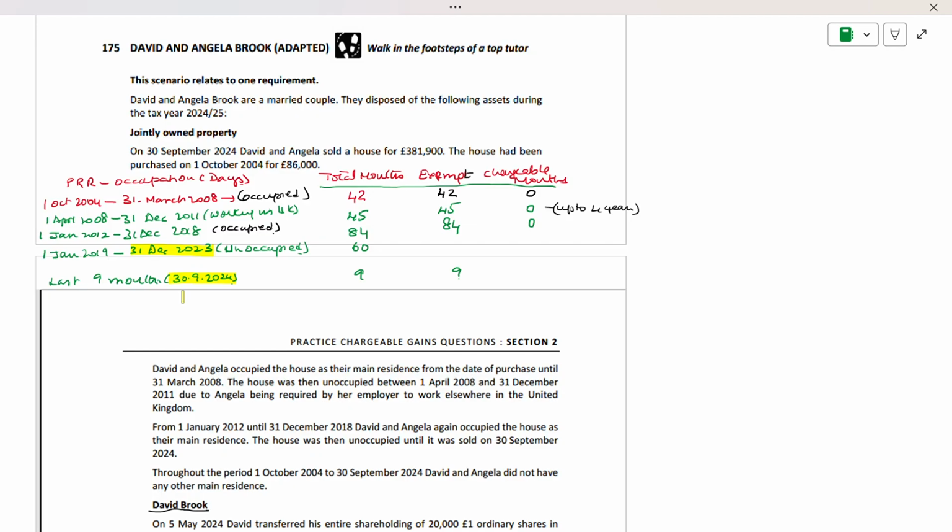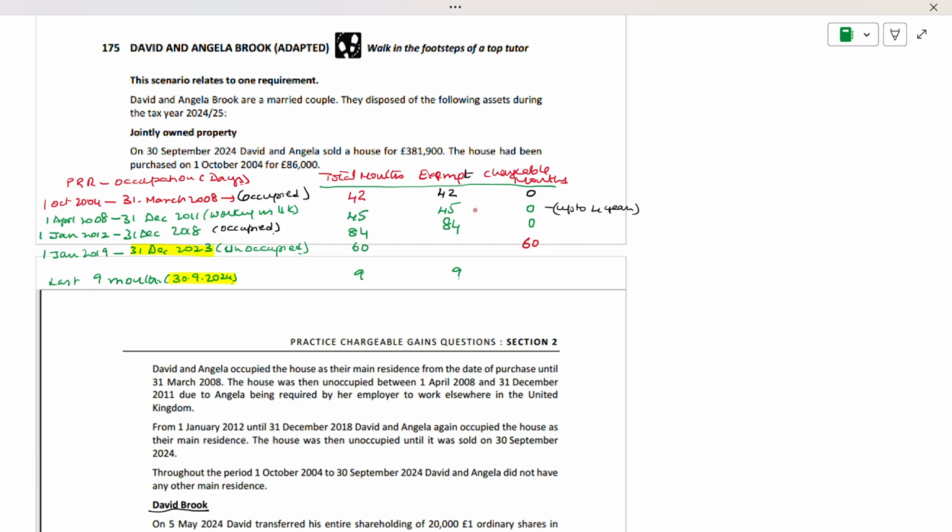Are you clear about this? Yes, sir. See, they will test you very, very clearly, slowly. They will test you on the things as needed. Fine. Now, how many months are there? Are you understanding? Last 6 months: if you are coming back and occupying, then it will be exempted.